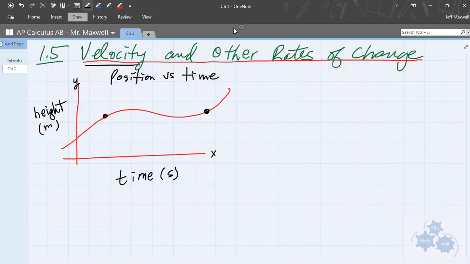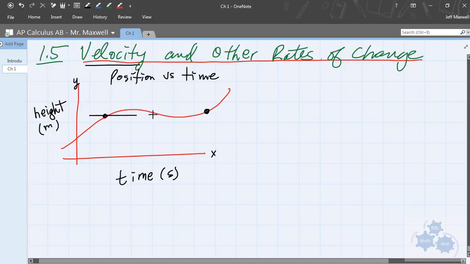I'll draw a nice straight line here if I can. Okay, between those two points, this is going to give us change in y over change in x. That's going to be the change in meters divided by the change in seconds.